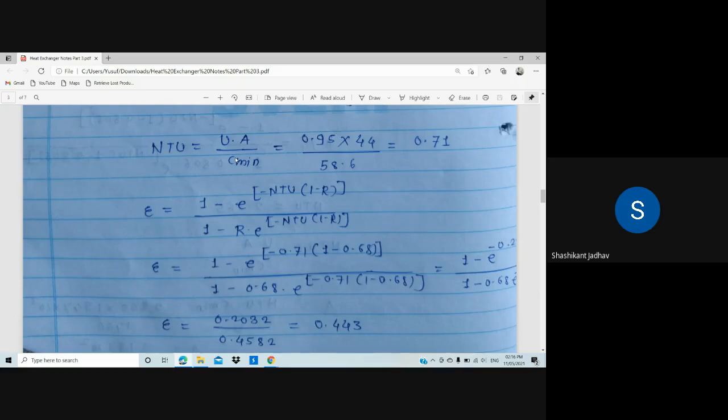Okay, I will give 2 minutes to solve up to the effectiveness value, that is 0.443. Do the calculation by yourself so that it is very easy to find out the different calculations.